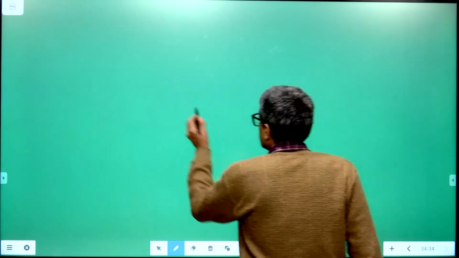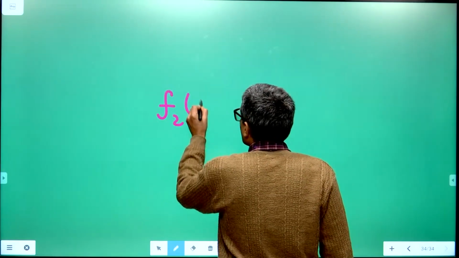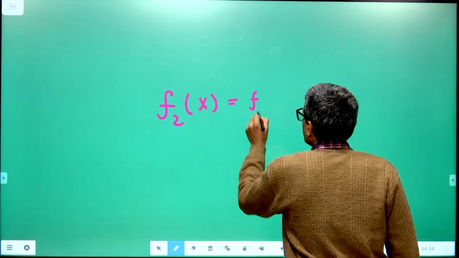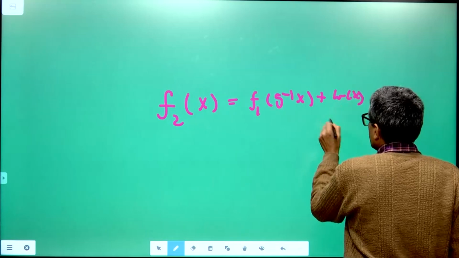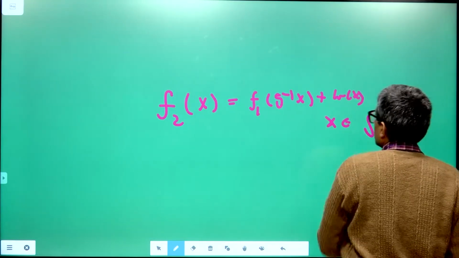This is like this. You have a model F2 of x equal to F1 of G inverse x plus Wx, where x falls on the unit sphere S2.